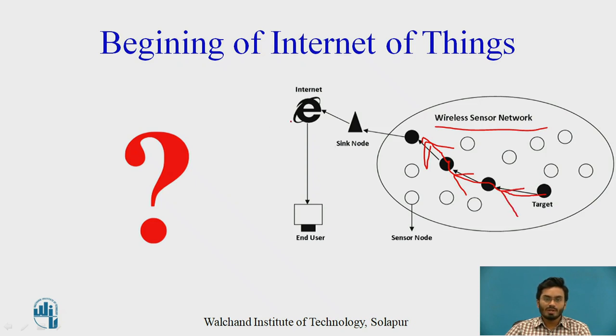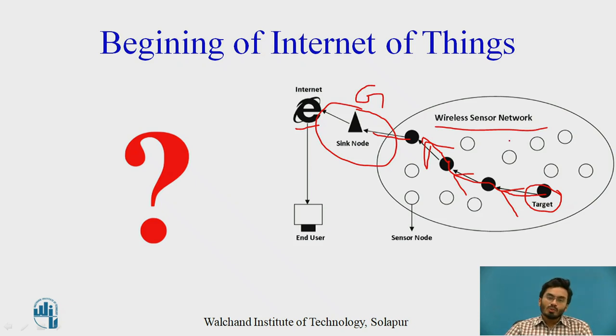So here is where we have the internet. I am trying to show the data being sensed by this target node passing through all these three remaining nodes, and then going to the triangle. This triangle simply represents a sink node, or sometimes we call it a gateway. So let us call this a gateway.